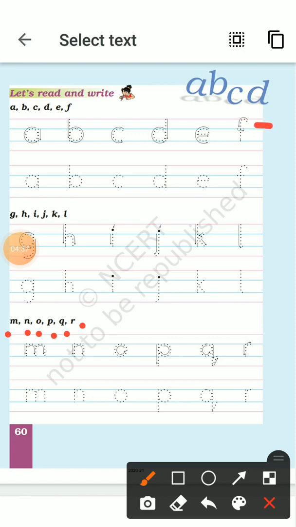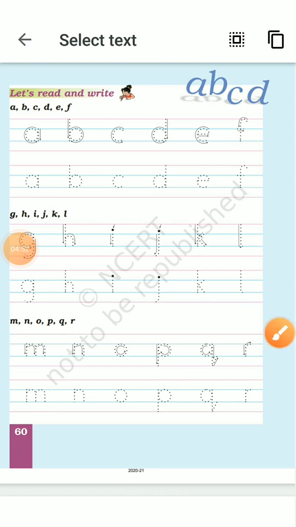Yes, these letters are given here in 4 lines as we have in our English notebook. So just start joining these dots, trace all these letters and you will get all these alphabets again.